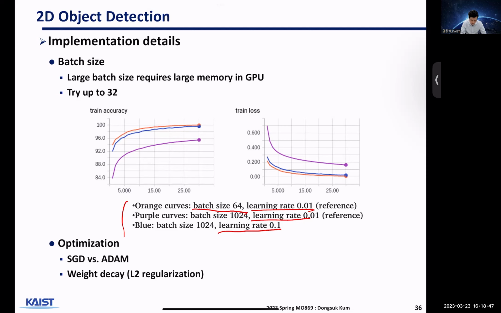Okay, whereas if you fix batch size, you can also play with learning rates. In blue, when you have a large batch size, you might want to increase the learning rate. So that type of thing is trial and error based findings. Okay.